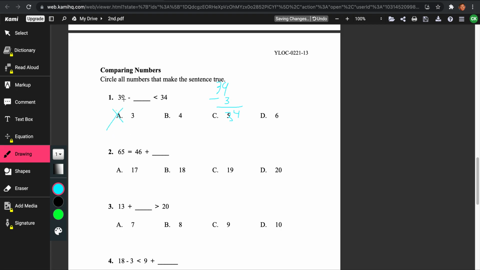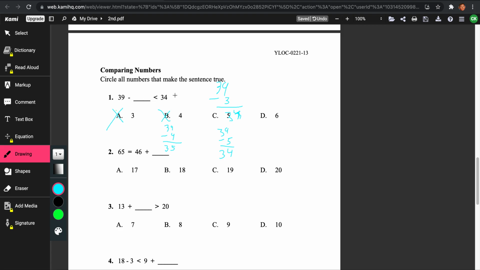Let's try B. 39 minus 4. 9 minus 4, 5, and then 3. 35. That doesn't work either because it's bigger. Let's try C. 39 minus 5, that's 4, and that would be 34.